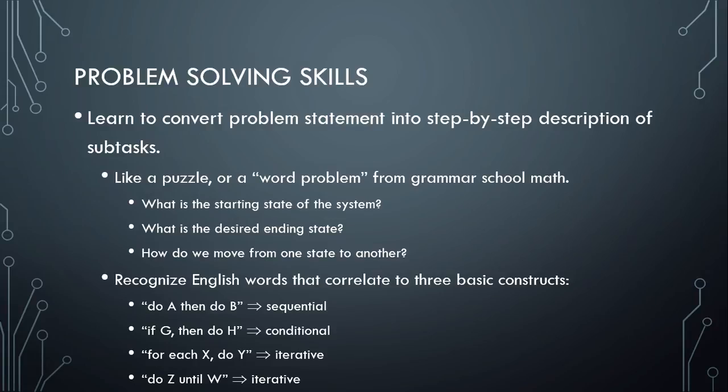What is the desired end state? How do we move from one state to another? We recognize English words that correlate to 3 basic constructs. So do A, then B, that's sequential. If G, then do H, that's conditional. For each X, do Y, that's iterative. And do Z until W, that's also iterative.